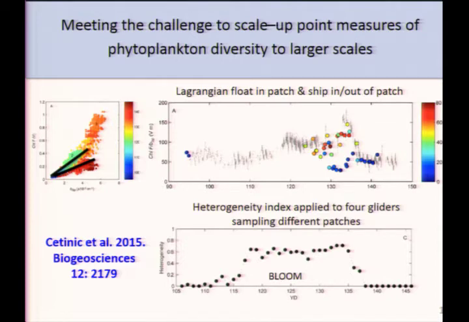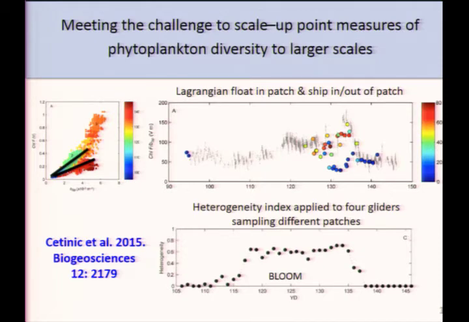And one of the things that Cetinić did was look at the ratio of optics, chlorophyll fluorescence to backscatter, and found that there were 2 different communities that related to the very detailed measurements that Mike Sieracki and Nicole Poulton did on the shipboard, and was able to say a high ratio related to diatoms and a low ratio related to non-diatoms.